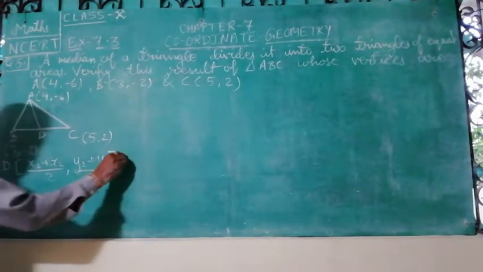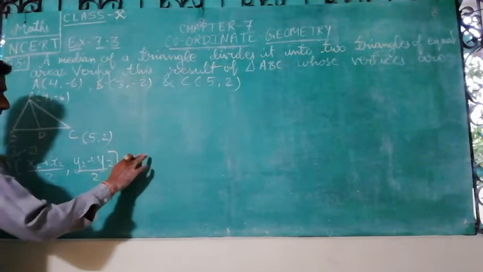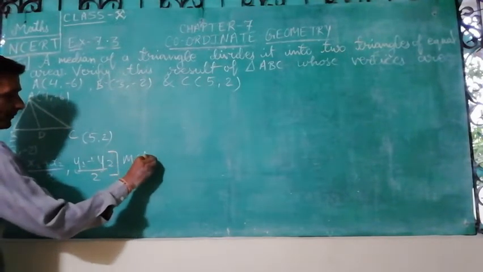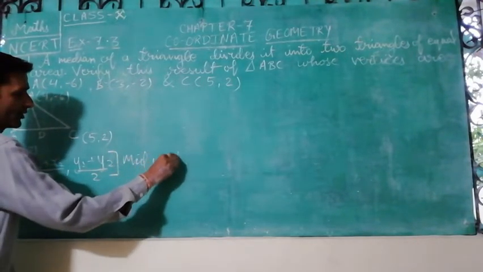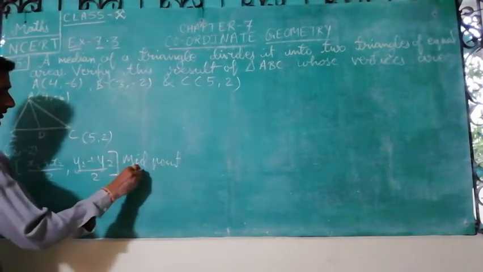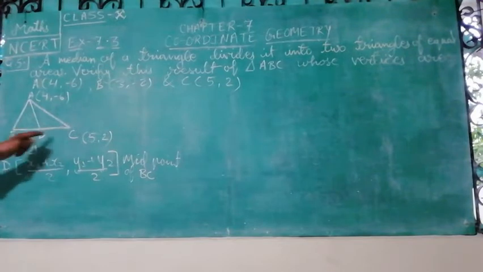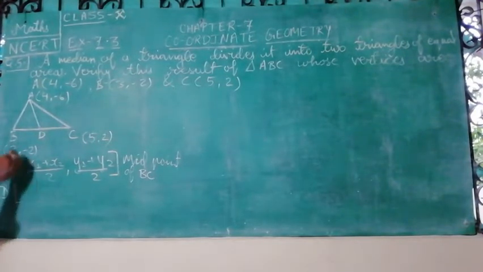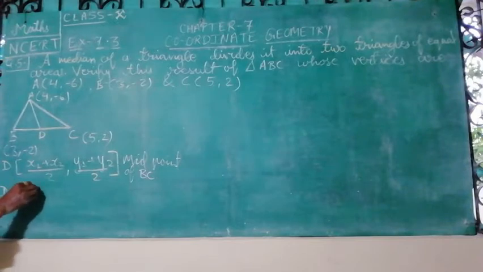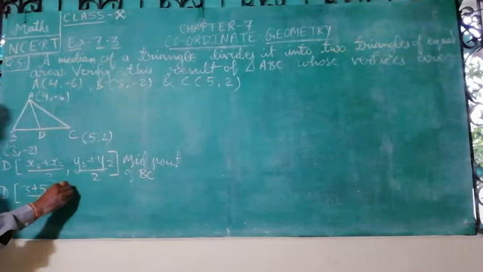So it is midpoint of BC, not triangle of side, it is midpoint of side BC. D is. So now D is 3 plus 5 upon 2 and minus 2 plus 2 upon 2.